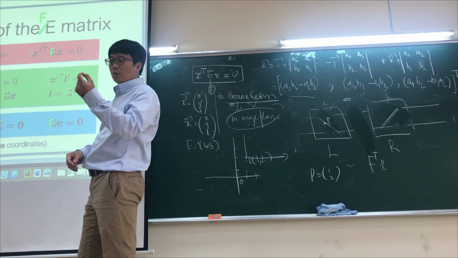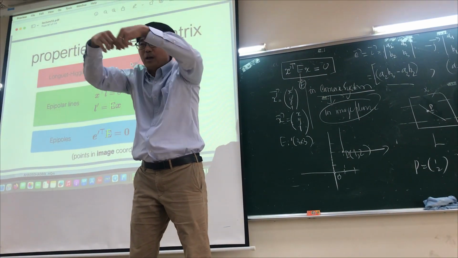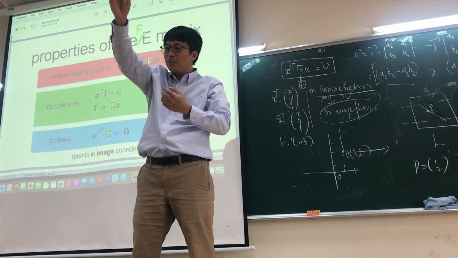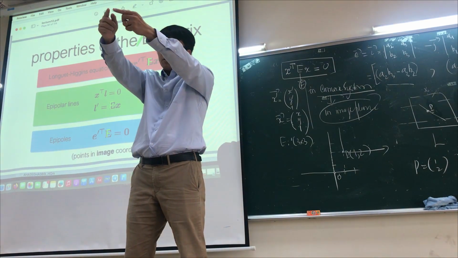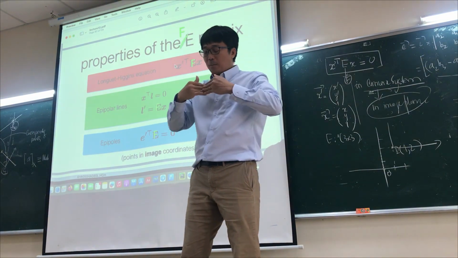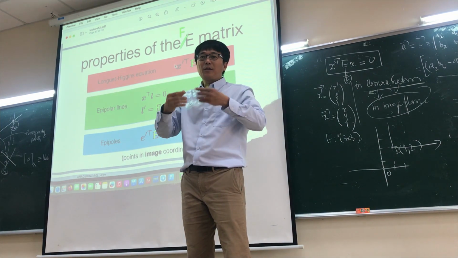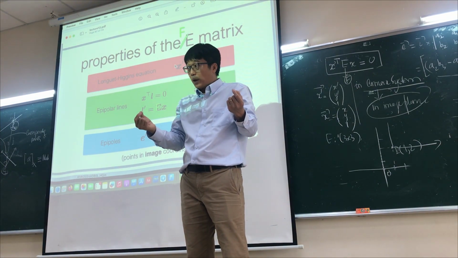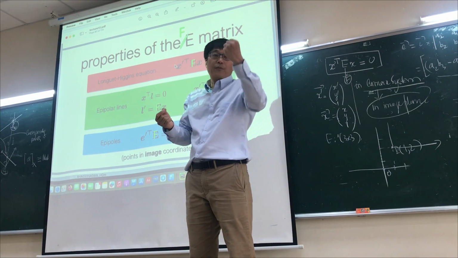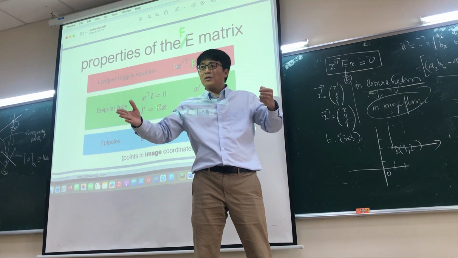Because you want to reconstruct, to compute the point in 3D, but in order to do that you have to apply triangulation, and triangulation needs the corresponding point. For each point in the left image, you search in the right. But where to search?